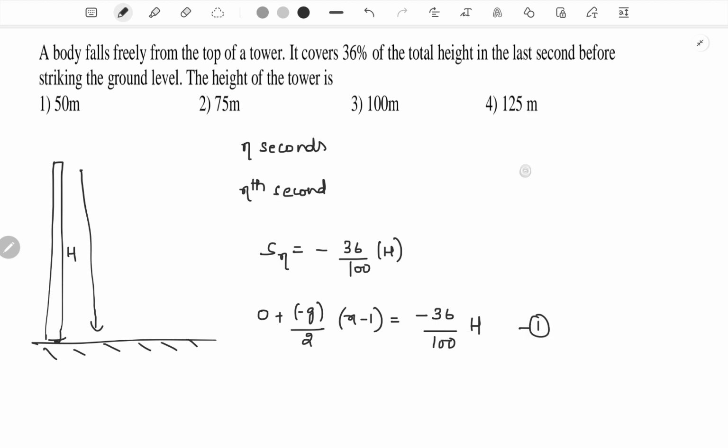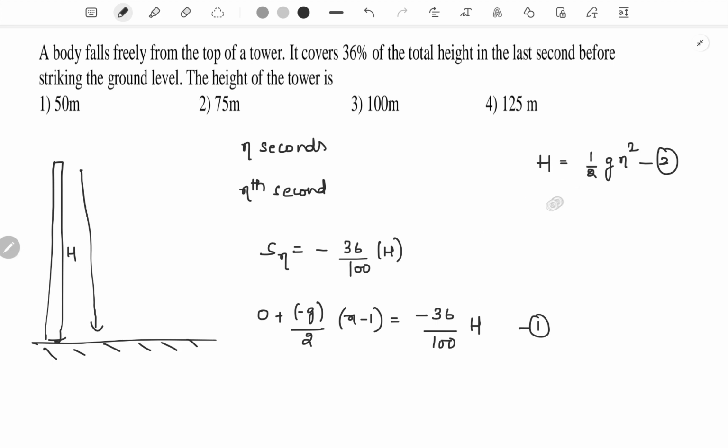The other relation that we get is, in those n seconds of time, it falls a distance h. So we can write the displacement, the distance h, is equal to half into a into t square. We know this. So use both of these equations in order to find the value of h.